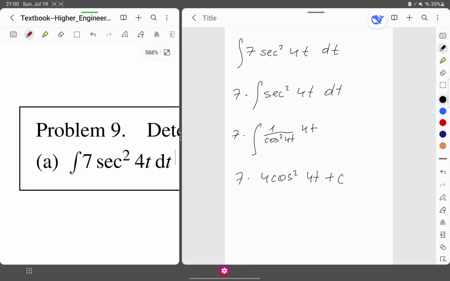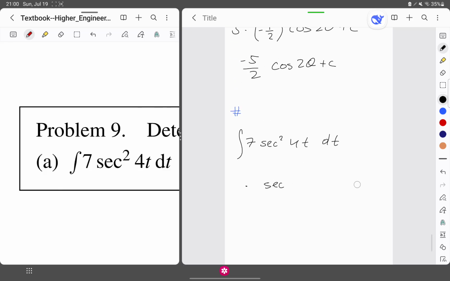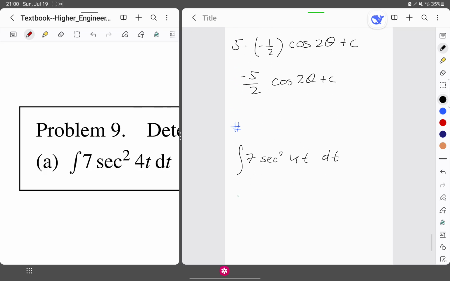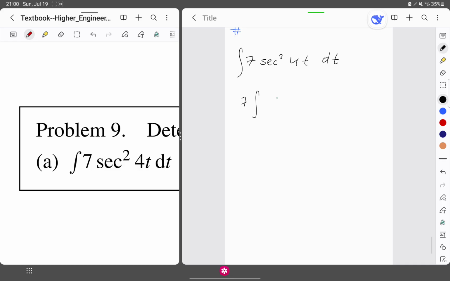Okay, let me try this one again, because I confused myself a lot. So 7 times integral of secant squared 4t dt. 7 times secant is 1 over cosine square 4t times dt.